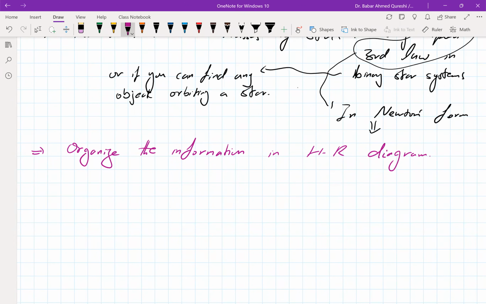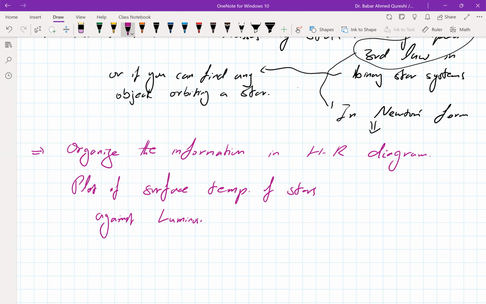It was essentially plotting the surface temperatures of stars against luminosity.